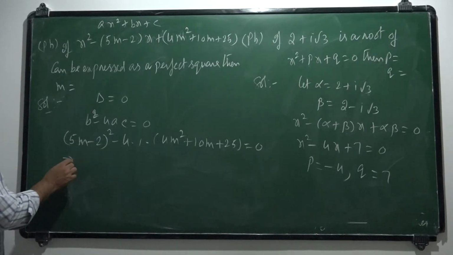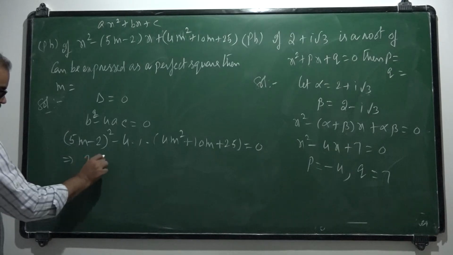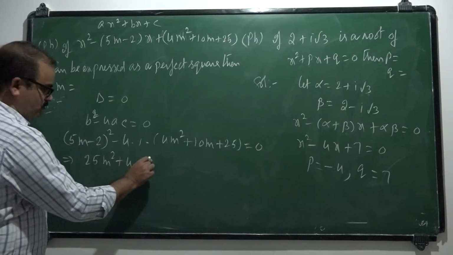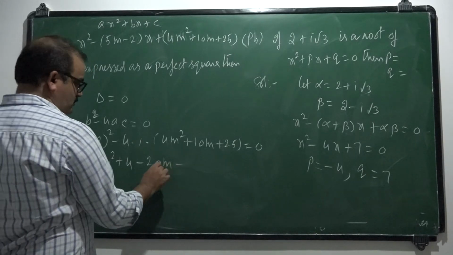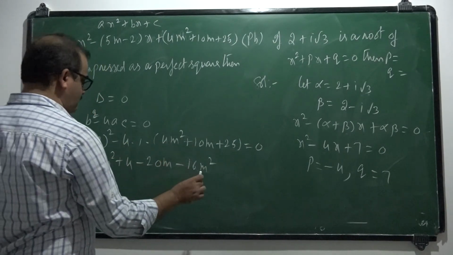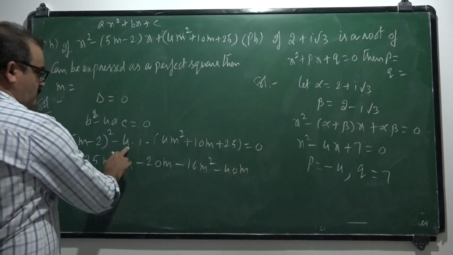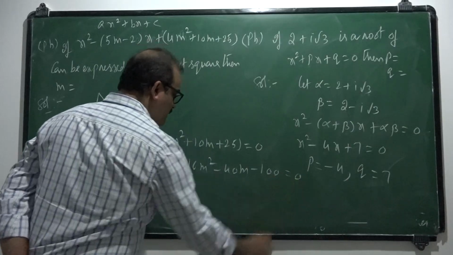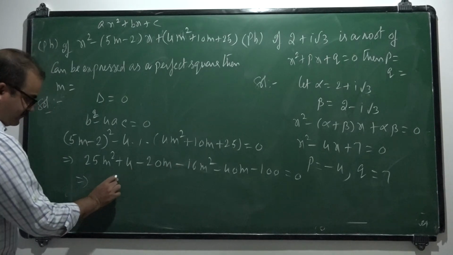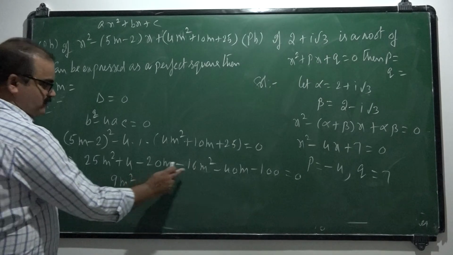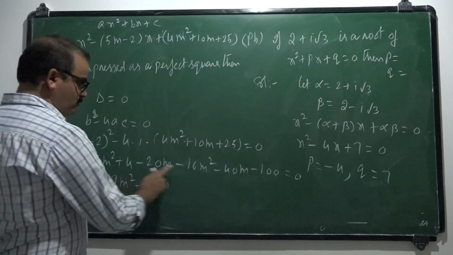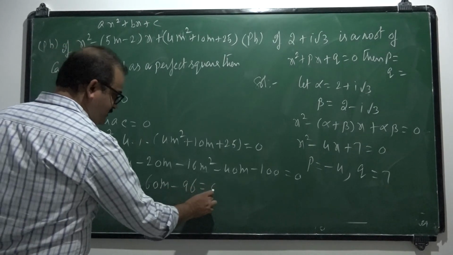Now simplify this. a minus b whole square, a square plus b square minus 2ab, 2 into 5 is 10, 10 into 2 is 20m, minus 4 into 4 is 16m square, 4 into 10 is 40m, 4 into 25 is 100, is equal to 0. 25 minus 16, 9m square minus 20m minus 40m, minus 60m, 4 minus 100, minus 96 is equal to 0.